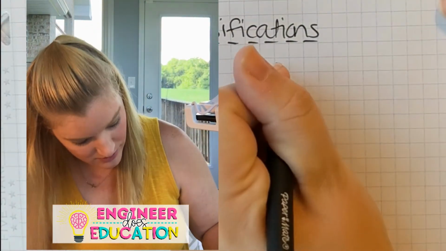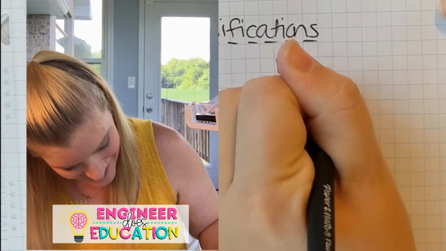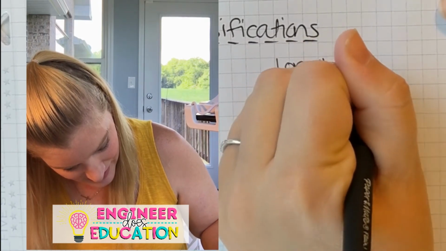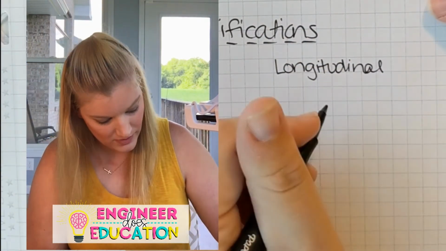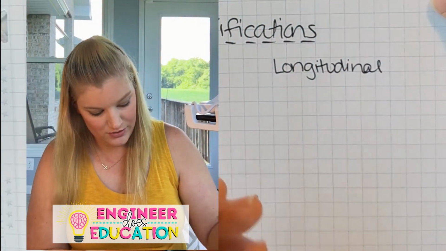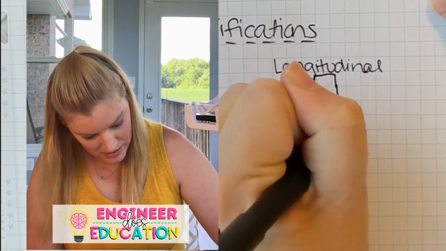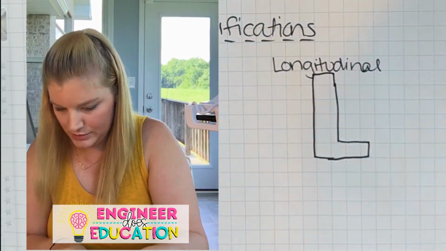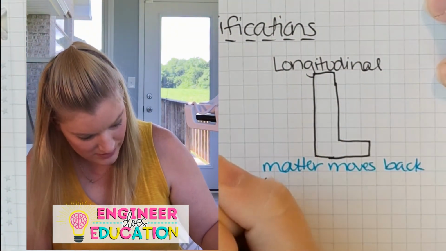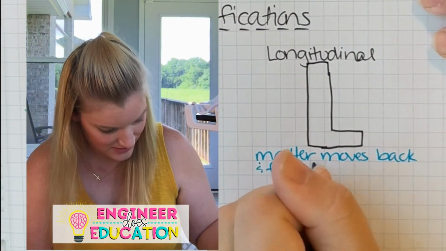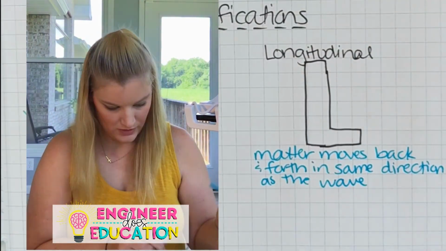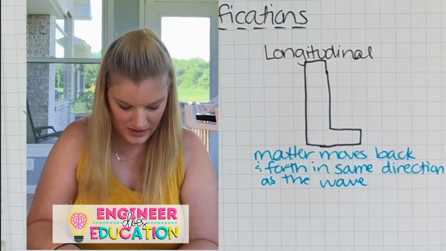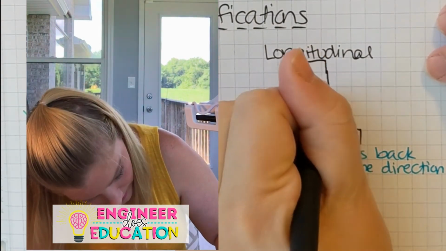And then we have longitudinal, and this will be the last part we try on this lesson. Longitudinal. And in longitudinal, matter moves back and forth. So I am going to actually turn this guy into a little elevator.